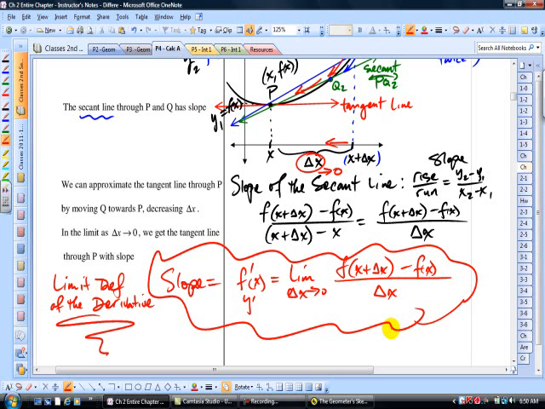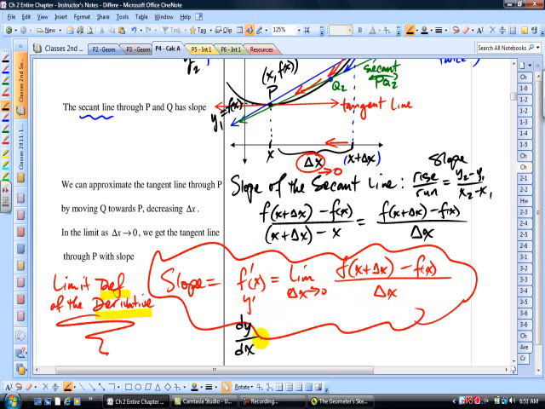So when I say state the limit definition, I'm talking about exactly this. The limit as delta x approaches 0 of f, the function, evaluated at x plus delta x, minus the function itself, all divided by delta x. That's called y prime or f prime, or we can say dy dx.